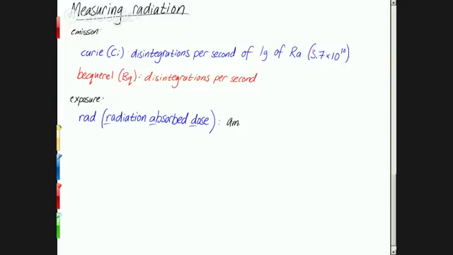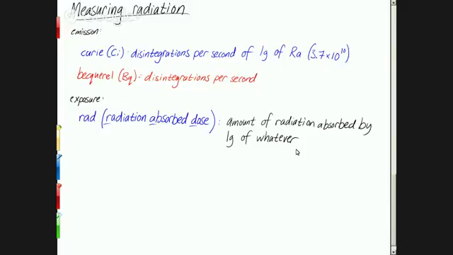That is the amount of radiation absorbed by 1 gram of whatever. So a gram of skin tissue, a gram of person, a gram of rock, a gram of wood, whatever. The amount of radiation absorbed by a gram of something is called a rad.